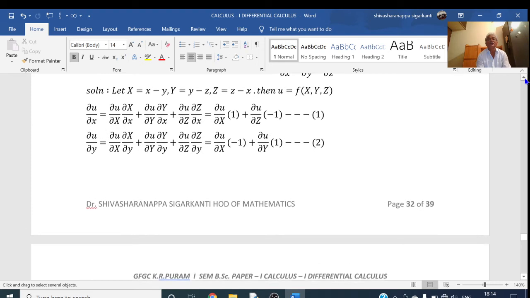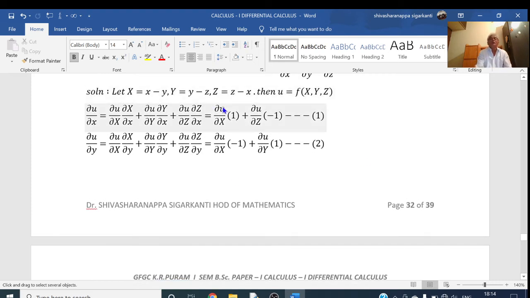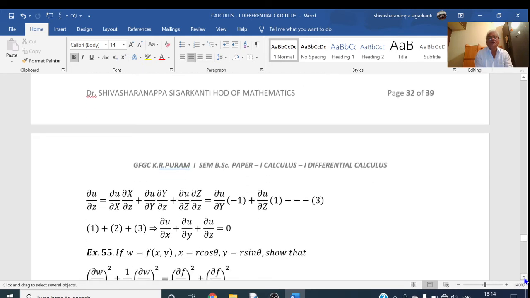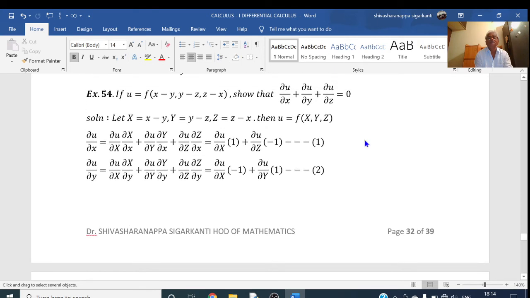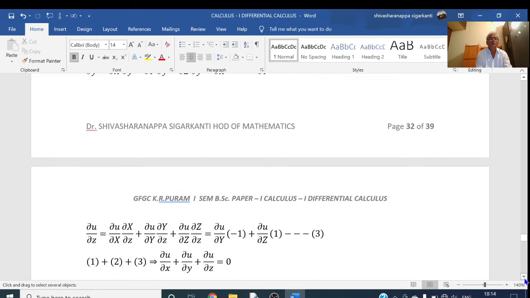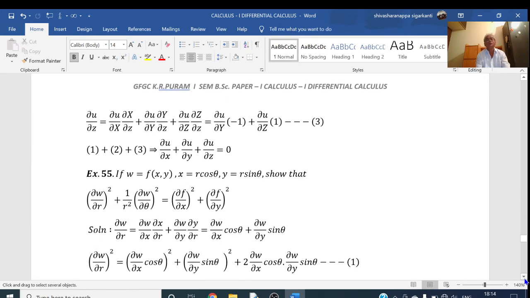One positive there, corresponding negative there. ∂u/∂X positive, minus ∂u/∂X negative, gets cancelled. ∂u/∂Z negative, here we have ∂u/∂Z positive and ∂u/∂Y negative, here we have ∂u/∂Y positive. So all the terms on the right hand side get cancelled. I will get ∂u/∂x plus ∂u/∂y plus ∂u/∂z equal to 0.